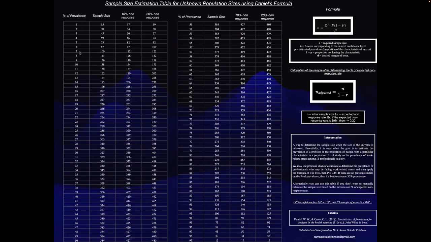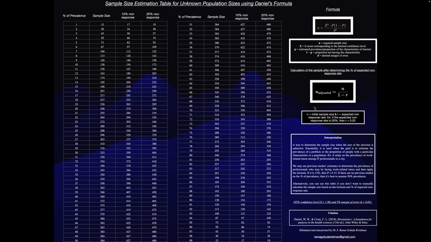So around 7% of IT professionals might be experiencing work-related stress, is what the existing literature says. So let's assume that. Now based on this data, the 7% prevalence, I will be using the formula and I will calculate the ideal sample size that I need to select for this particular study, right?